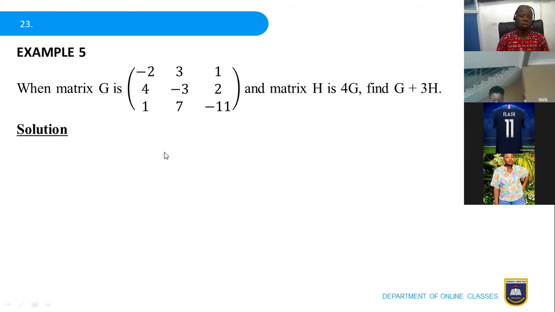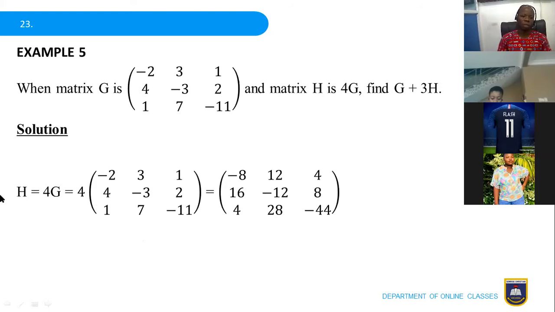In the solution, we have the matrix H, and to obtain your H, they said you should multiply the whole matrix G by 4.